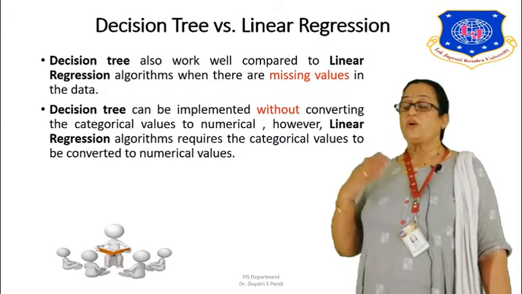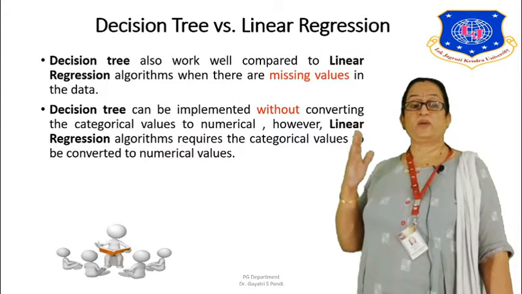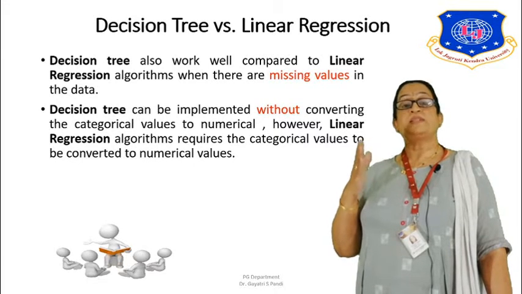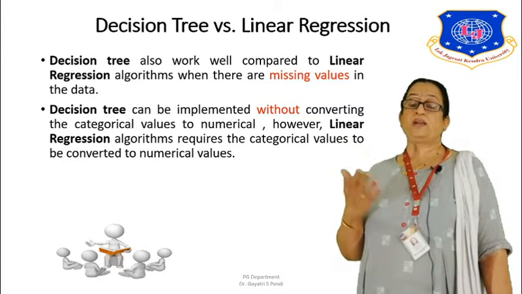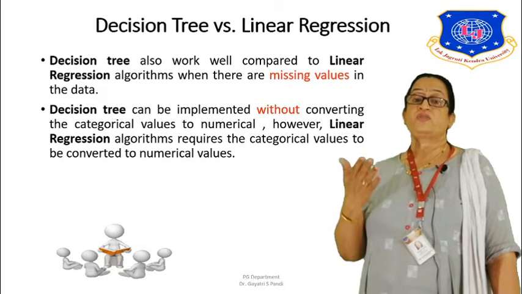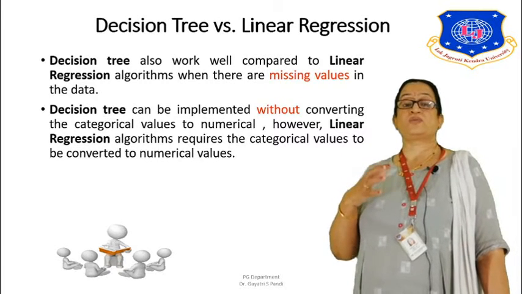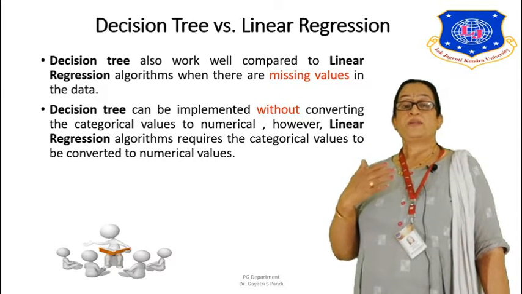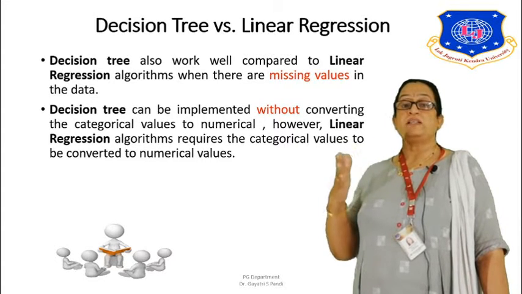Decision trees also work well compared to linear regression when there are missing values. As I told you, one of the advantages of decision trees is that they work with missing values as well, whereas linear regression needs all the data appropriately.